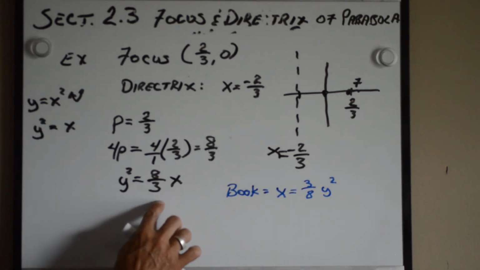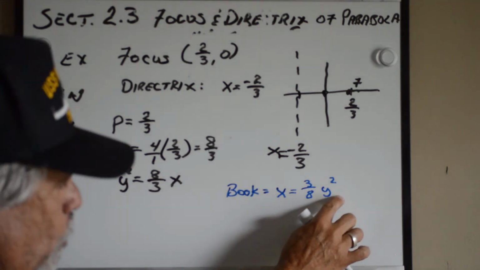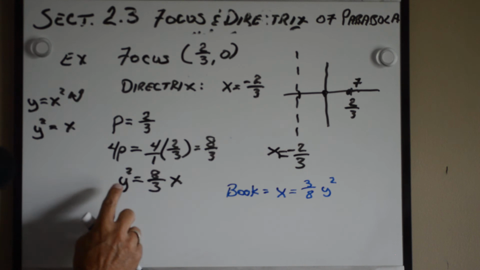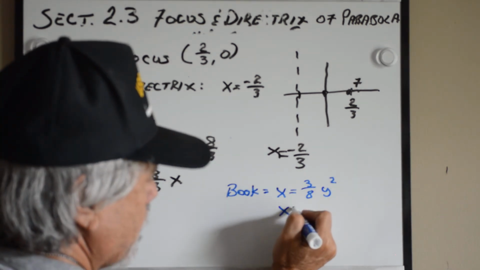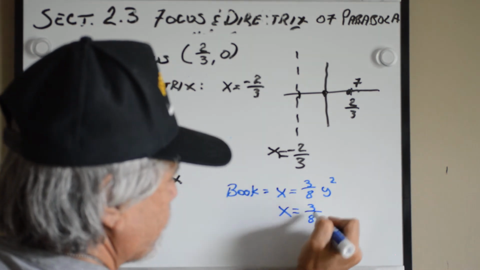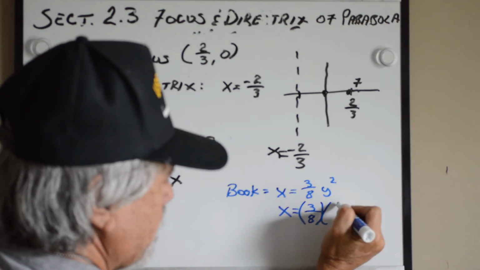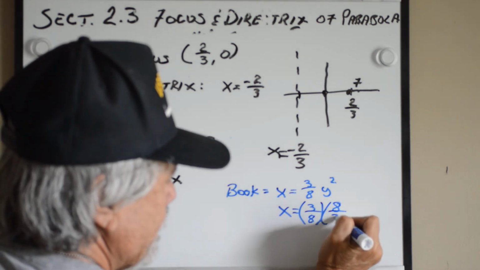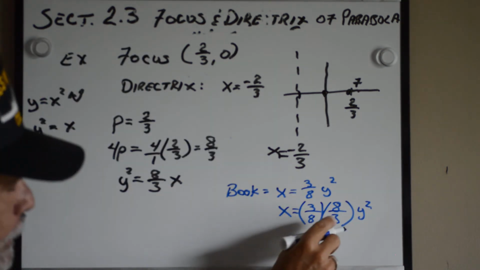Notice that we have the 4p with the x. They have it with the y squared. So if I want to put it with the x, I'm going to have to multiply both sides by 8 over 3. This is 3/8. In order to get that off from this side, I have to multiply by 8 over 3. There's my y squared. Over here they're going to cancel.